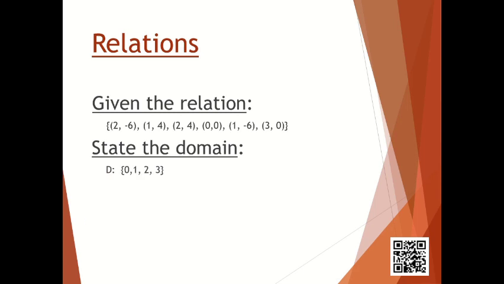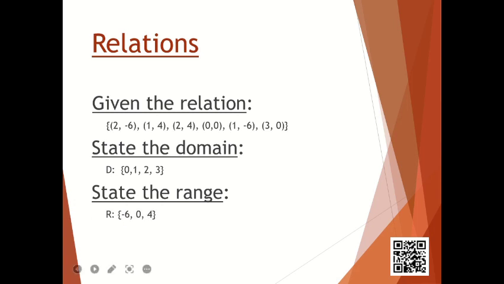As you can see, ilan ang 2 nyo? Ilan ang 1, ilan ang 0? Isa lang ang 0 dyan. We don't need to repeat that particular element. Now, state the range. Siyempre, we have -6, 0, and 4.